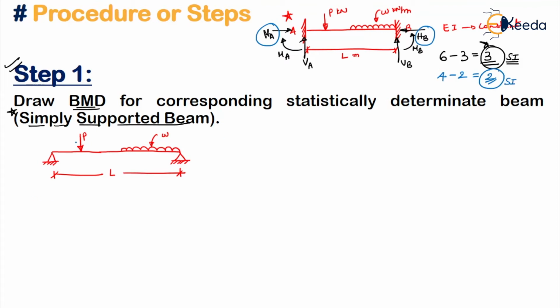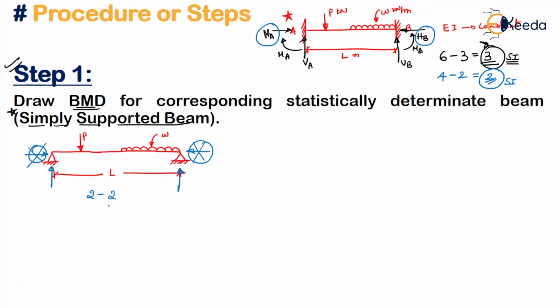Now coming here, what will happen? Here there is a vertical reaction, here a horizontal reaction, here horizontal and here vertical. Since there is no horizontal loading, we can neglect this and we can neglect this. Now how many unknowns are there? There are 2 unknowns. How many equations of equilibrium will you have?